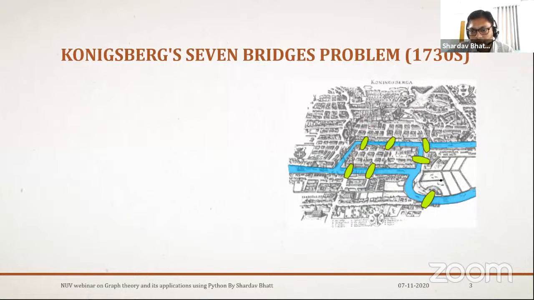Suppose you start from here, and then you go through this bridge, and suppose you go here, and now you're stuck because you have used all the three bridges connecting this region. So somehow it's not possible. Why is it not possible?